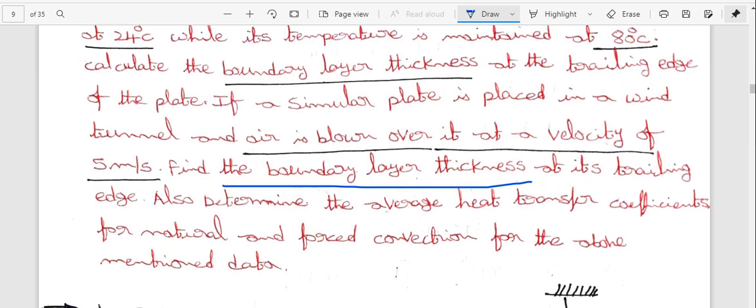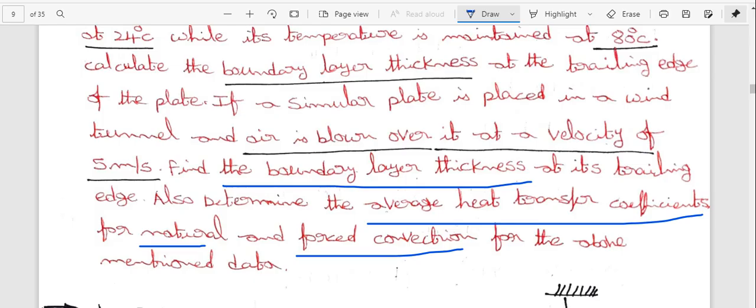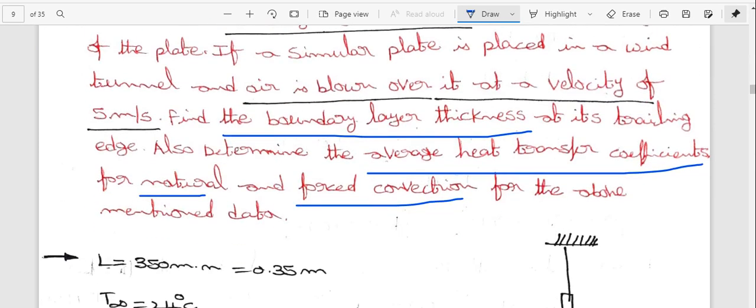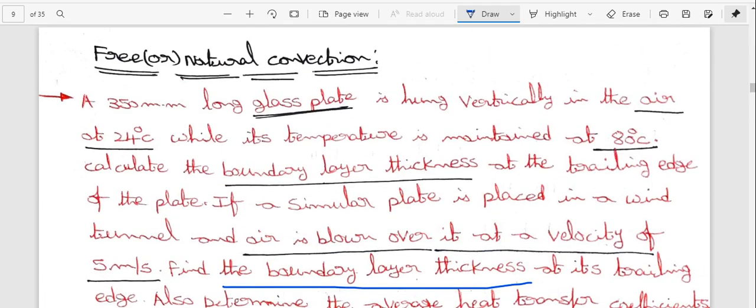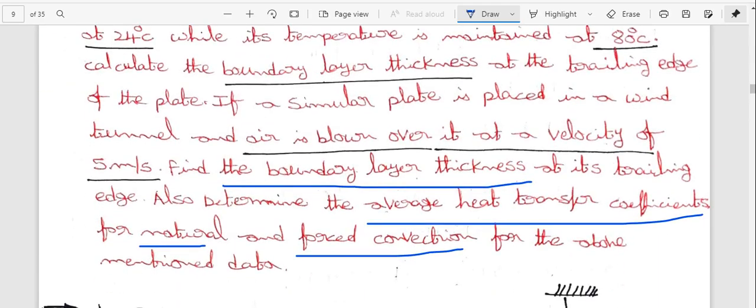Also determine the average heat transfer coefficients for natural and forced convection. So in this problem, both natural and forced convection for the above mentioned data. Now we need to calculate natural convection and forced convection.